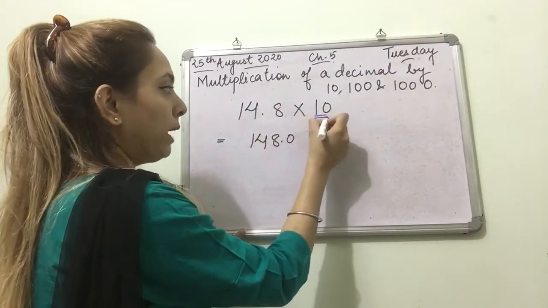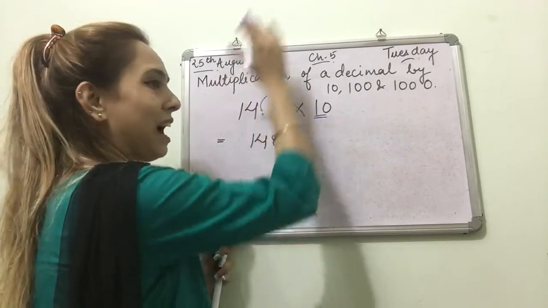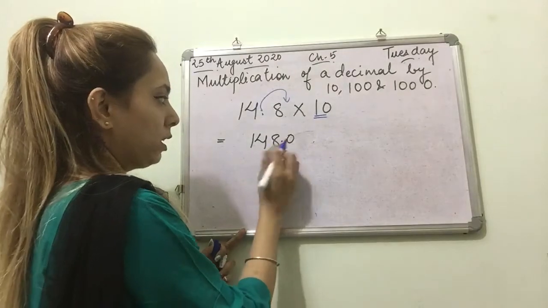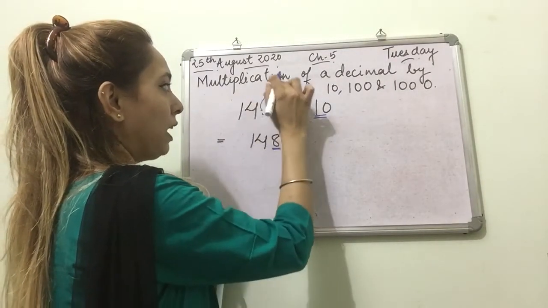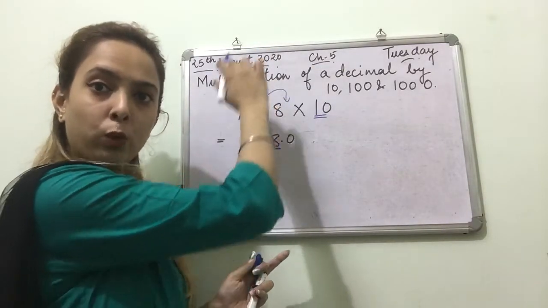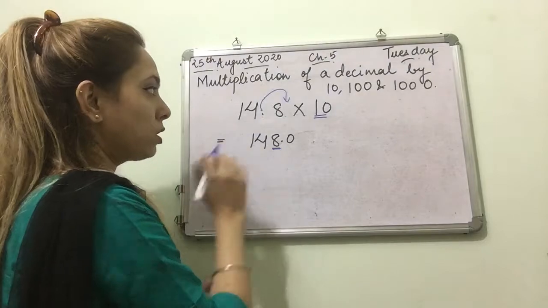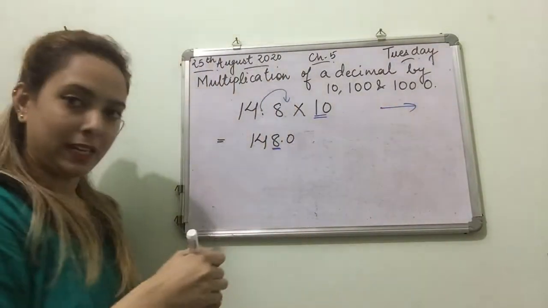While multiplying by 10, this decimal will be shifted just after one digit. See, this decimal was here and now we have shifted it after 8. So the decimal will be shifted after only one digit, towards the right side.